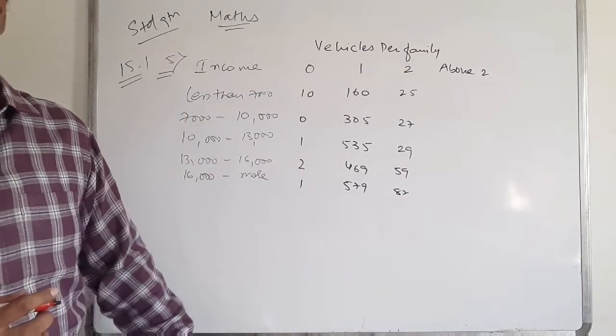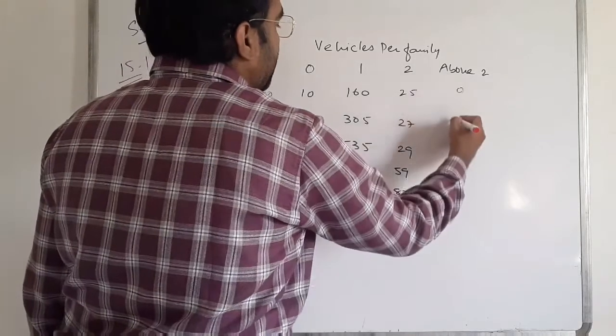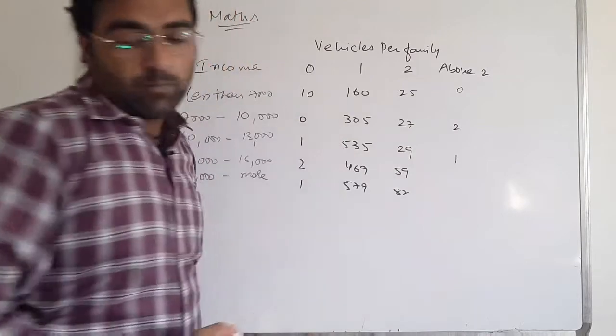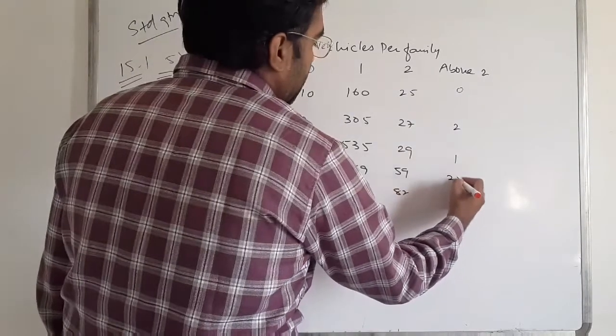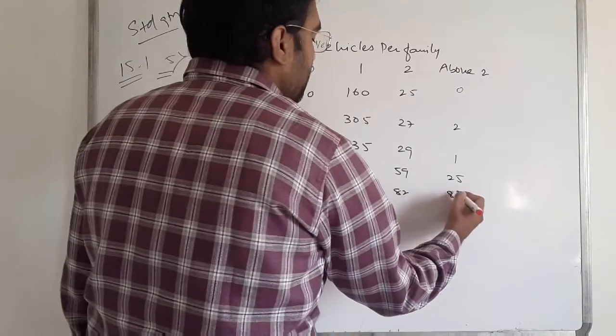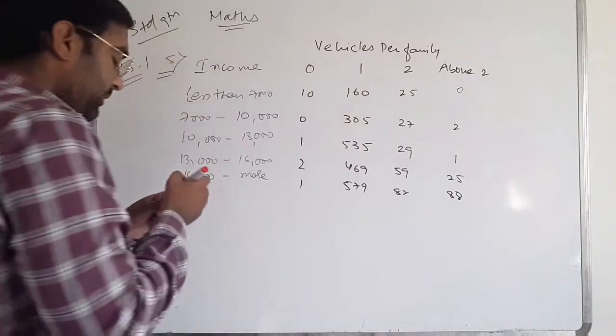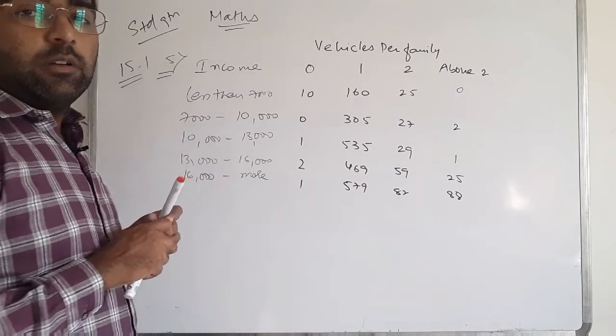And for above 2, it is 0, 1, 25 and 88. Okay, clear? This is the data as given.